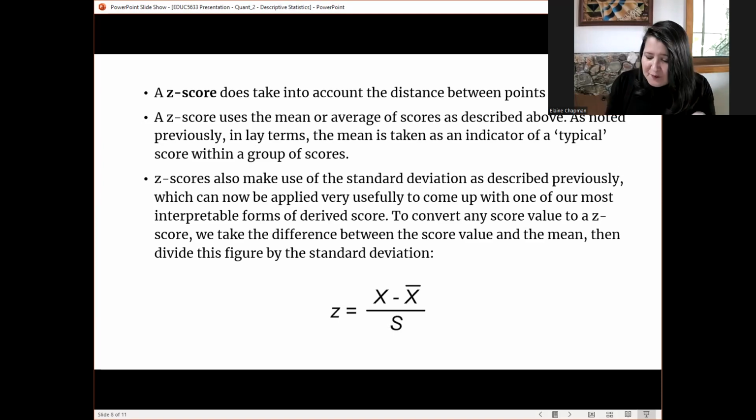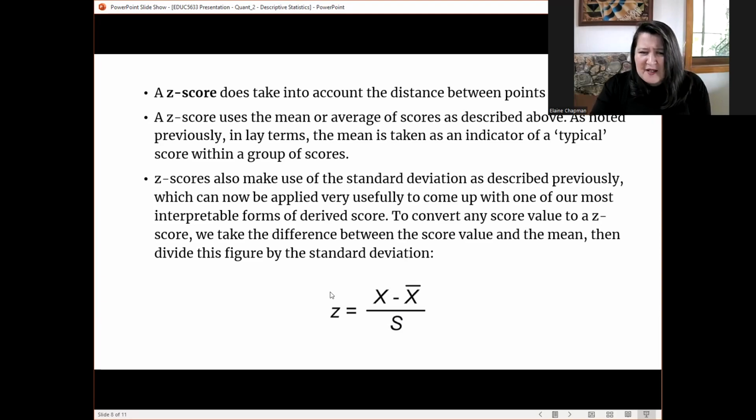So the Z-score uses both of those to indicate where a particular score stood in relation to other scores in your data set. We use the formula Z equals X minus X bar divided by S in order to compute a Z-score in any situation.